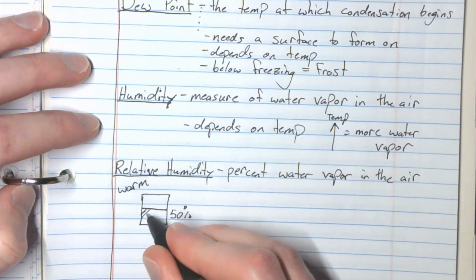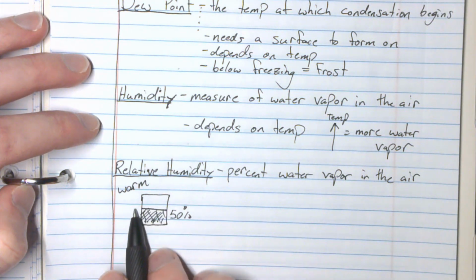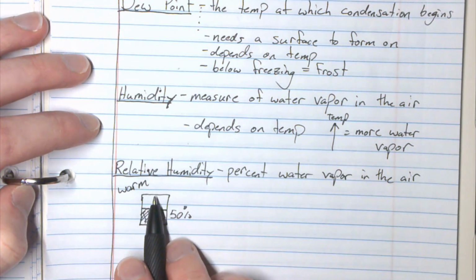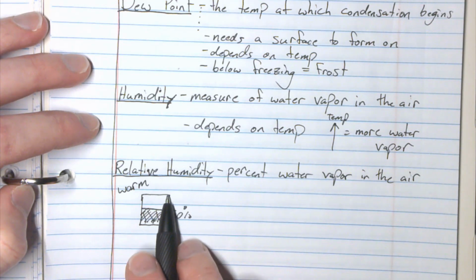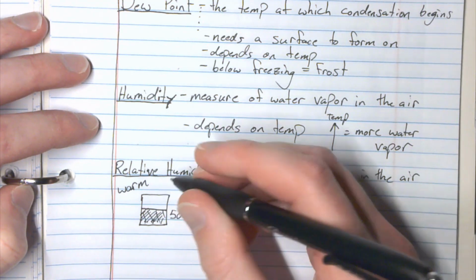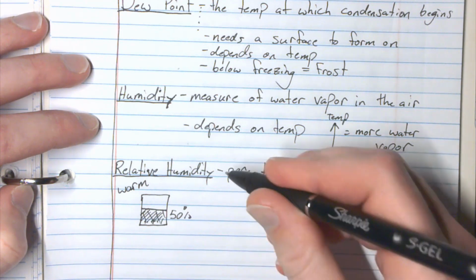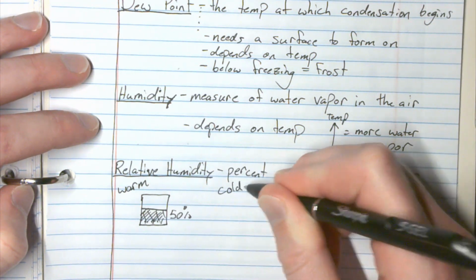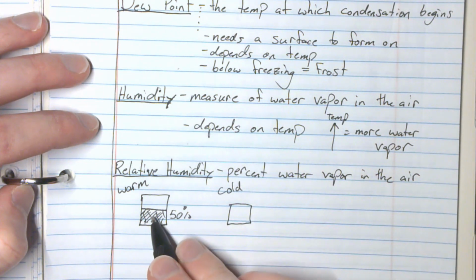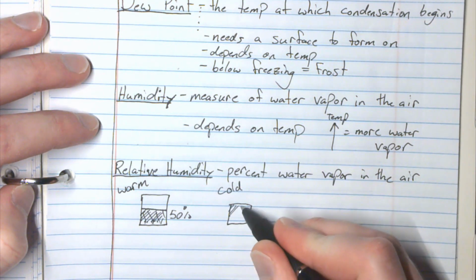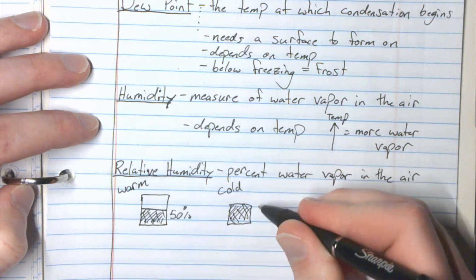So that means that for let's say this amount of air, it can hold 10 grams of water. Cold air can only hold this much. So if I have that same amount, it's not 50% anymore, it's 100%.